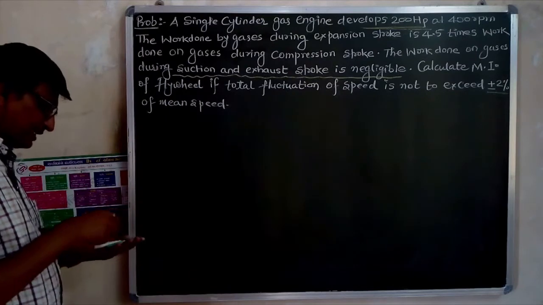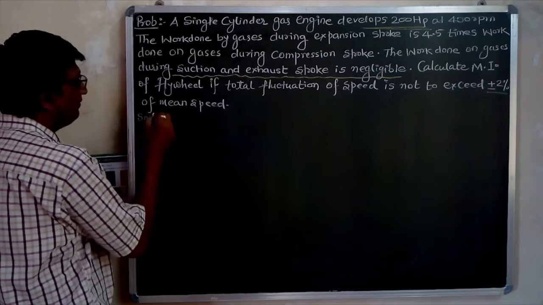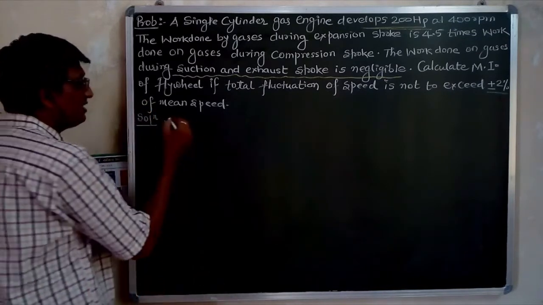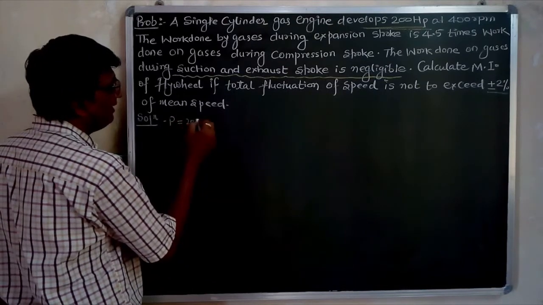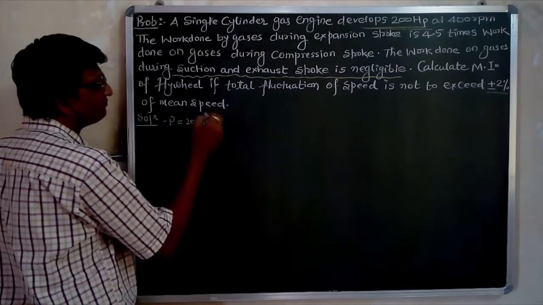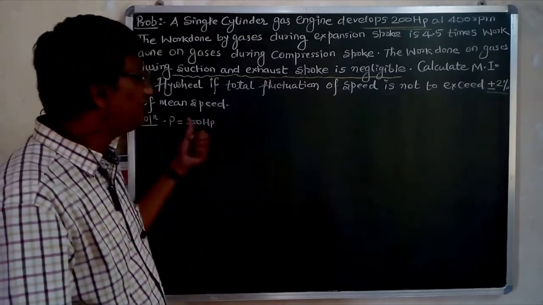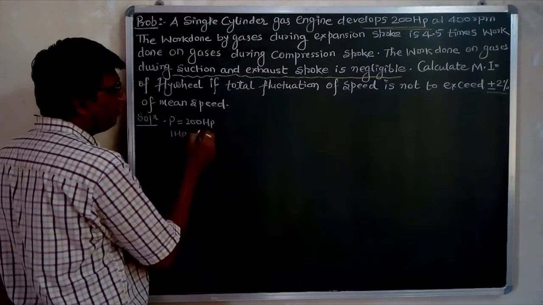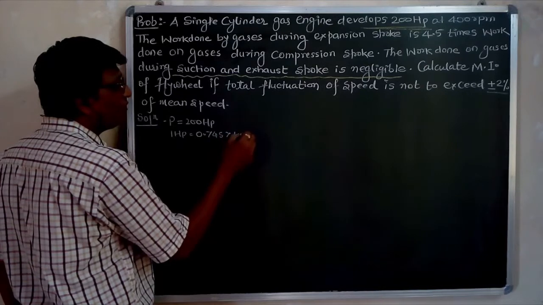So let us write down the data given and then we will try to solve the problem. The first thing is power given as 200 HP. Let us convert this into kilowatts. 1 HP is 0.7457 kilowatts.